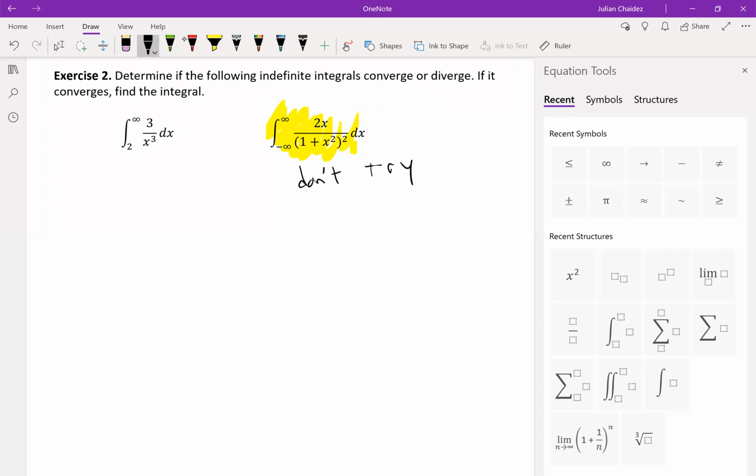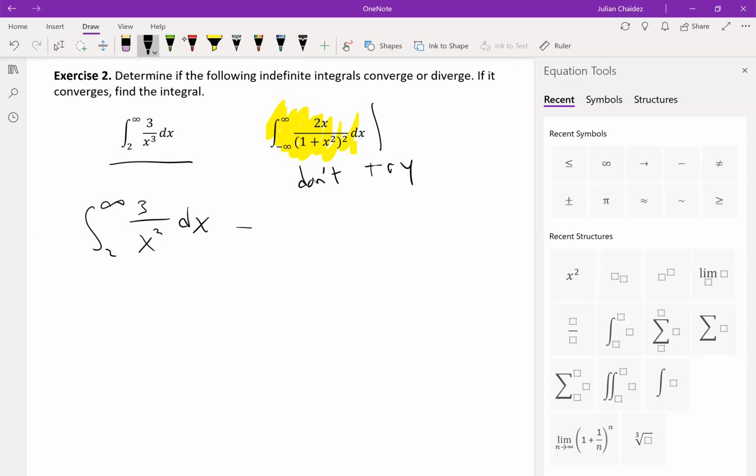All right. Okay, so let's start with this one, the one I didn't mess up, and then we'll talk about this highlighted one in a second. The first one's pretty straightforward, so I'm just integrating this.